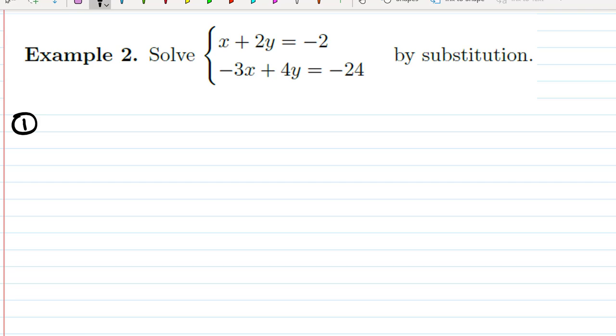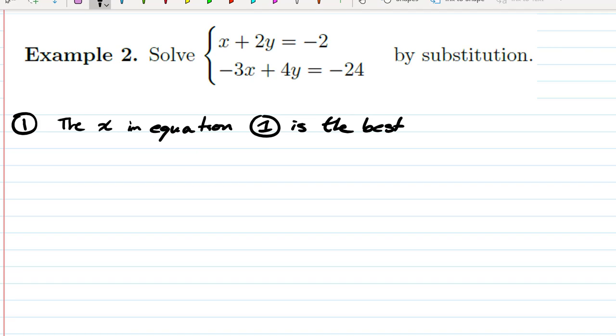So the first thing we want to do is decide which variable to isolate. The x in equation 1 is the best variable to isolate.